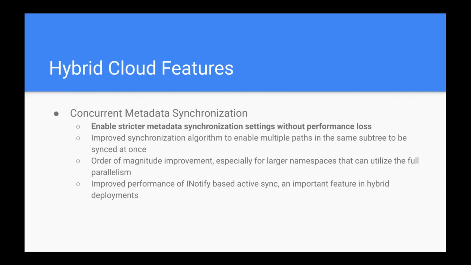But the problem there is, in order to synchronize data, we need to make requests to the underlying storage or ask it to give us updates, for example through iNotify for HDFS, as to which files have changed. Previously we handled these updates as well as checking these files in a single threaded manner.